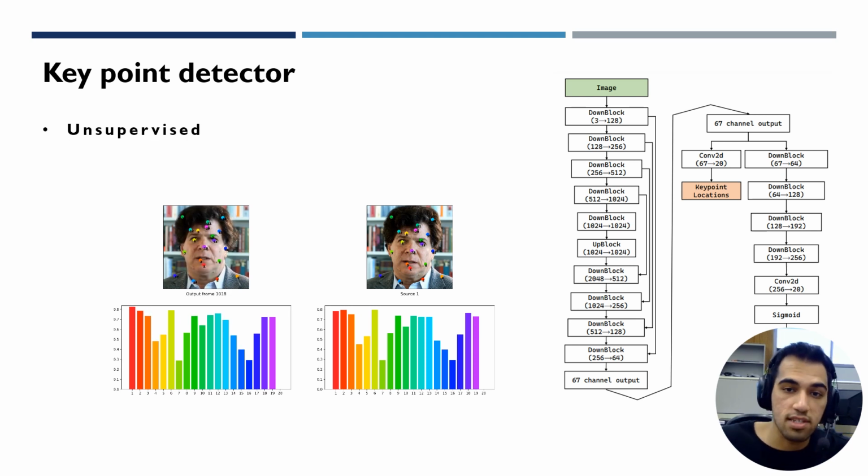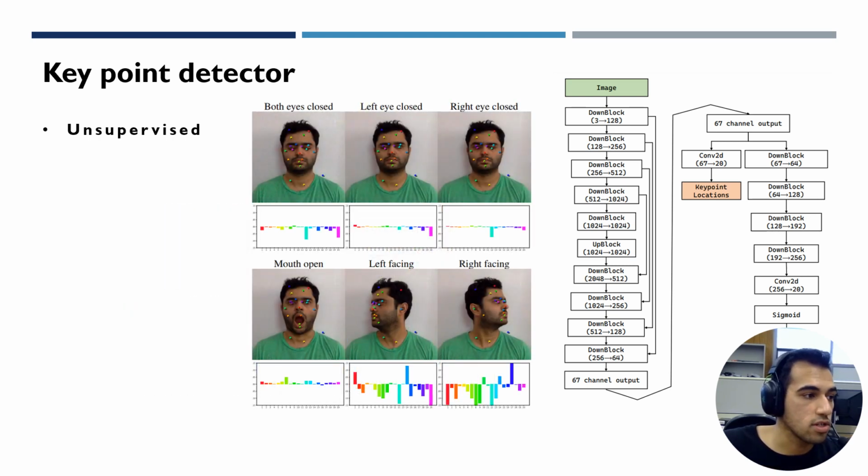We didn't decide which key point is for which part of the face. The model selects the one that has the most information in it. Here are some other samples of what the strength of these key points corresponds to. For example, when the person is looking at the left or the right side of his face, the key points which do not appear have less strength, so the network should pay less attention to them.